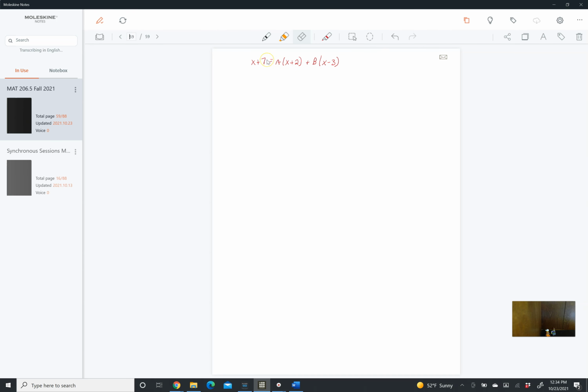The first method is going to be the easier method, but it does not always work. So if you want something that always works, go to method 2. And we'll talk about what problems it works for and what problems it doesn't.